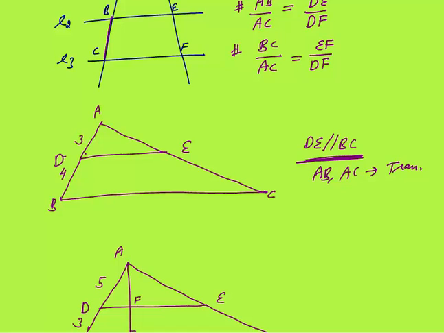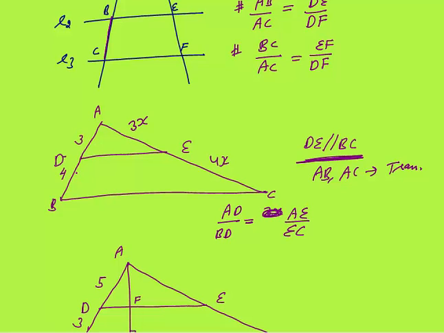The ratio of AD to BD is 3:4. So these lengths will be 3x and 4x. They will be in the same ratio as AD is to BD, that is your AE to EC.